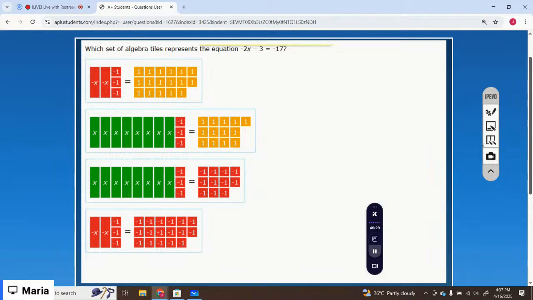Negative 2x minus 3 equals negative 17. So again, D is the correct option.